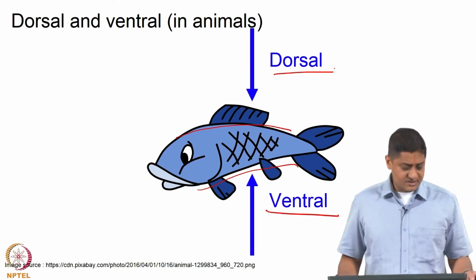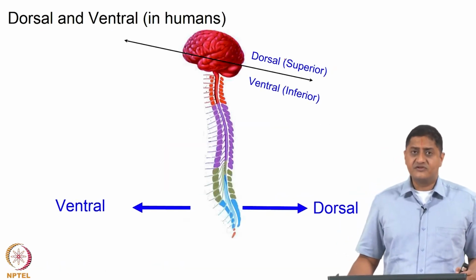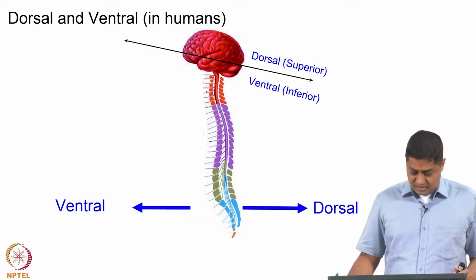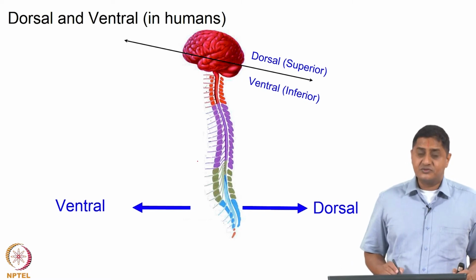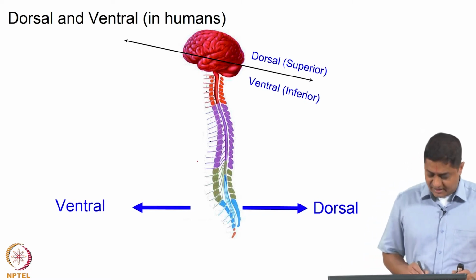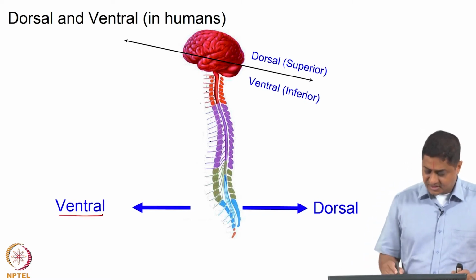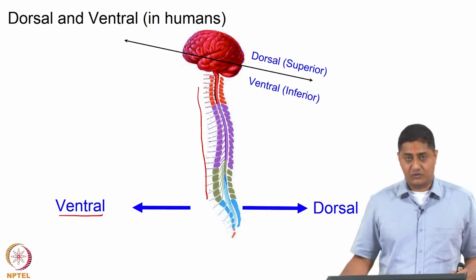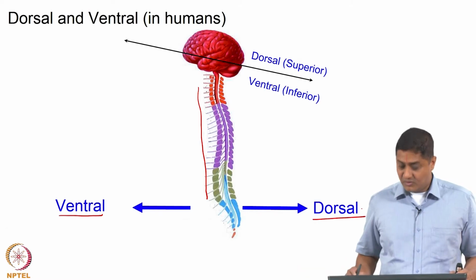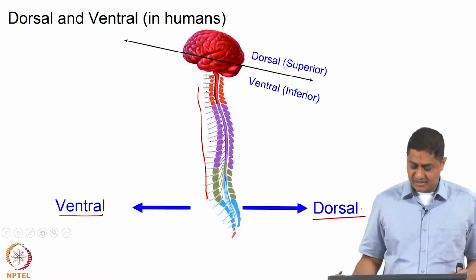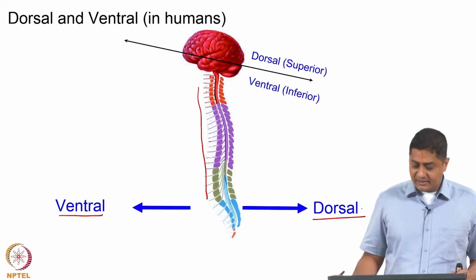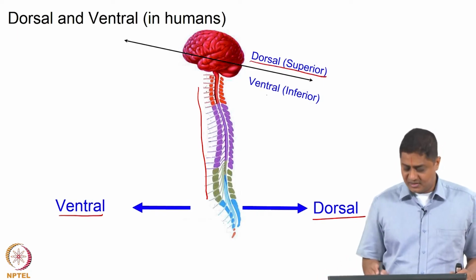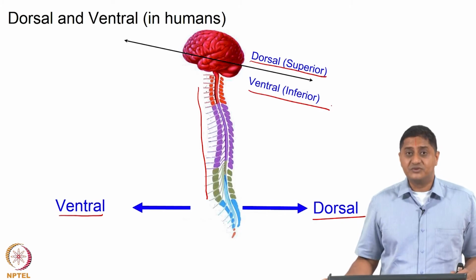Whereas in humans, dorsal and ventral refer to two different things. In the spinal cord, ventral refers to a similar situation as in the animal. So, ventral means that part of the body that would be facing the floor, and dorsal would be the back. Whereas in the brain, dorsal usually refers to superior and ventral refers to inferior.